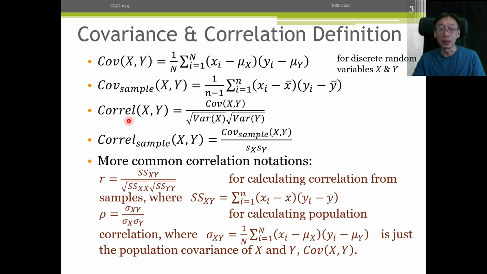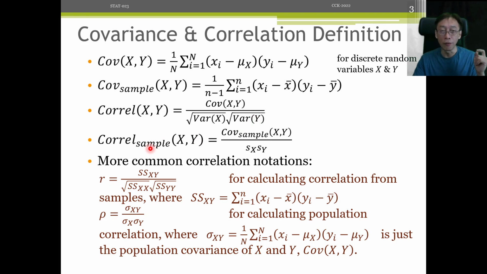There are also two versions of correlation, population and sample. Of course, we'll use consistently in both the numerator and denominator, population and sample versions. If we're defining the population correlation, obviously we don't do population covariance divided by sample standard deviation. We don't do that, right? We just be consistent. Population covariance divided by population standard deviation of x and of y.